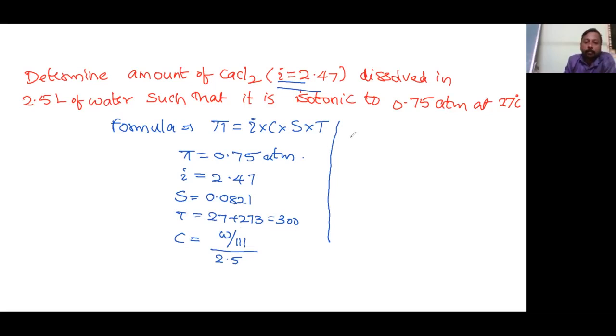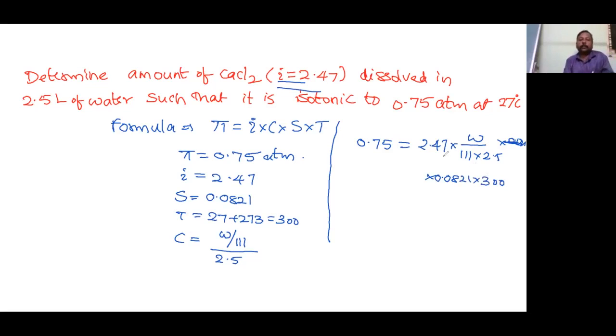Putting all values, 0.5 is equal to 2.7 into W by 111 into 2.5 into 0.0821 into 300.